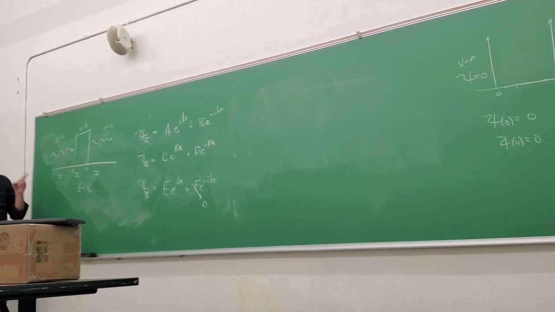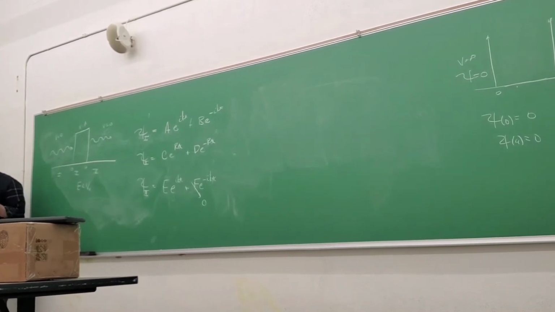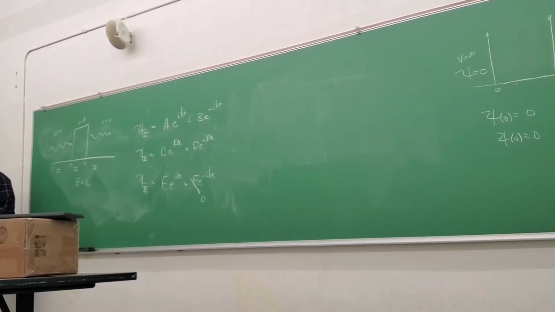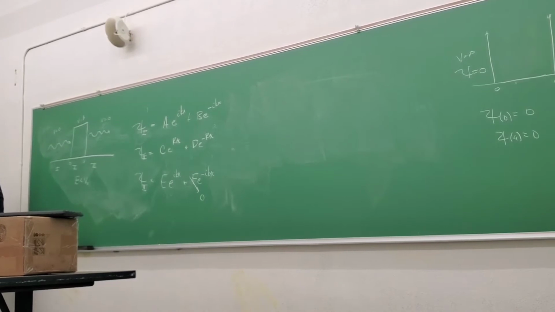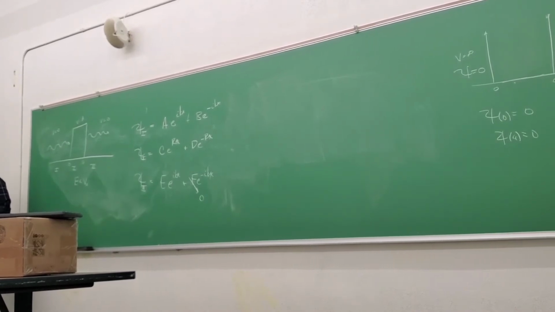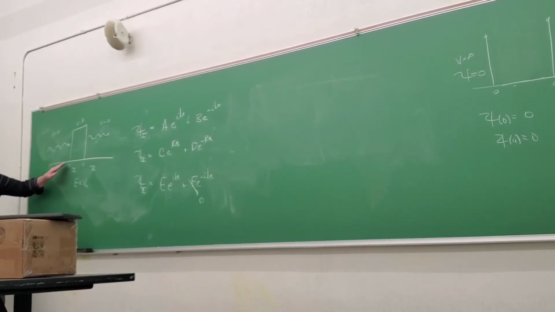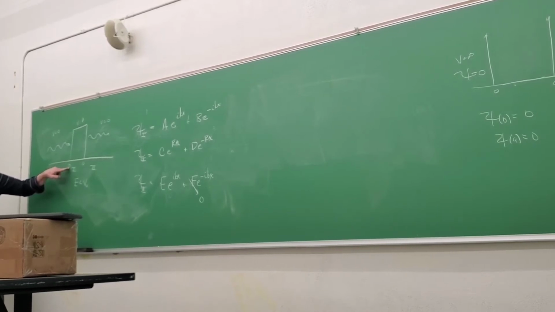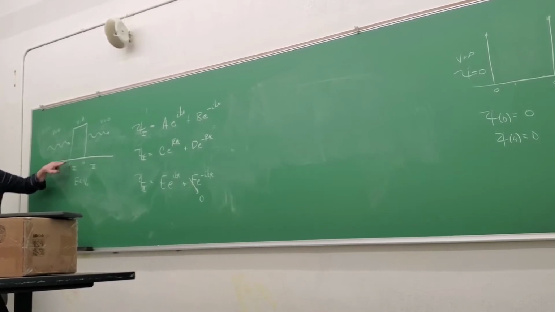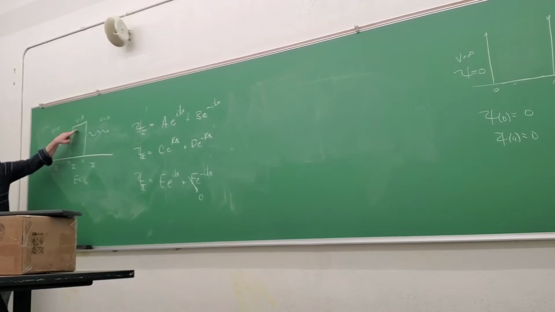Now, to get the A, B, C, D, and E, we need to apply boundary conditions. Now, continuity is our criteria here. What would be the boundary condition, the existence of the wave function at 0? It would be 0 if this potential were infinity.